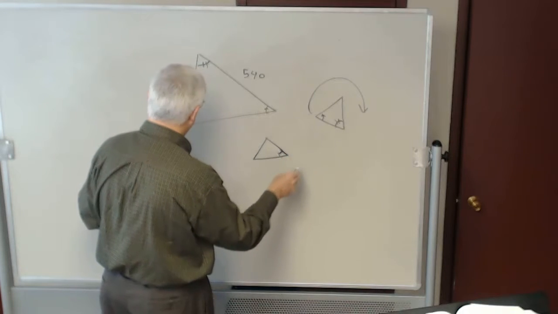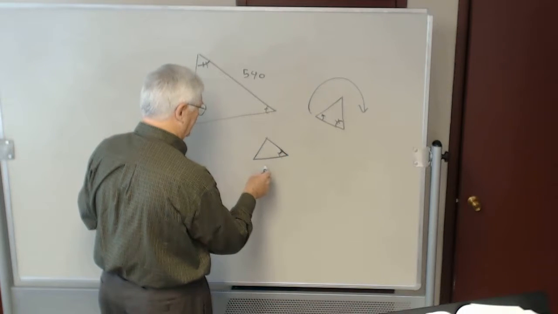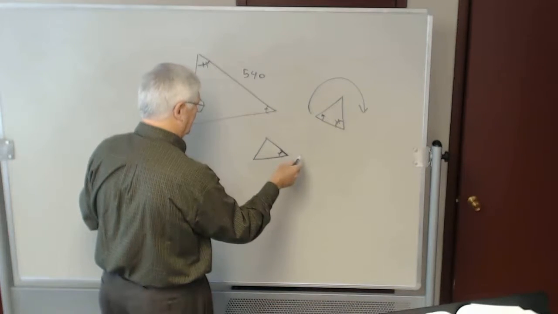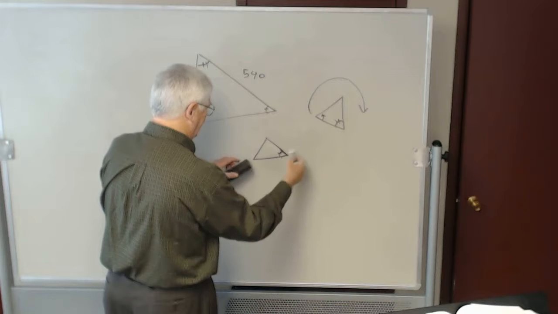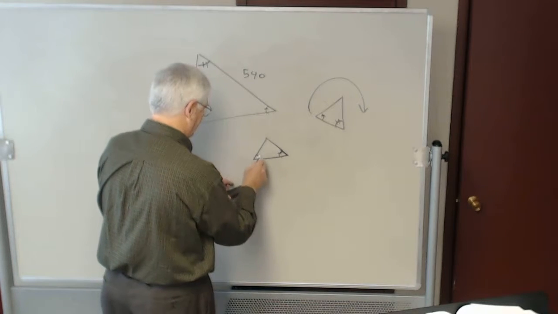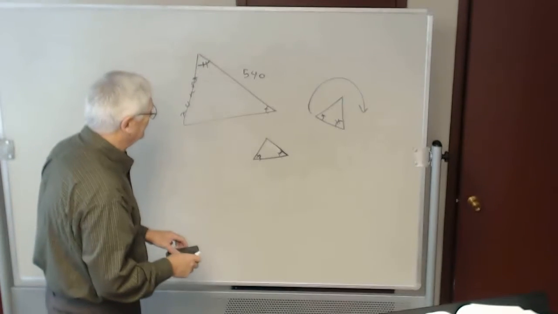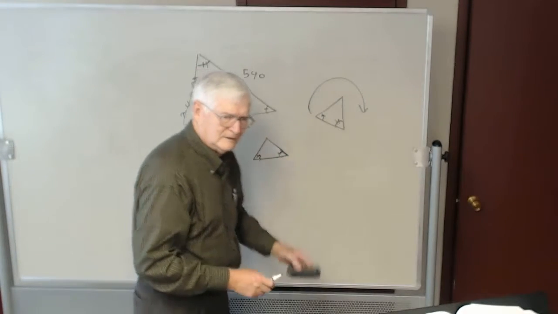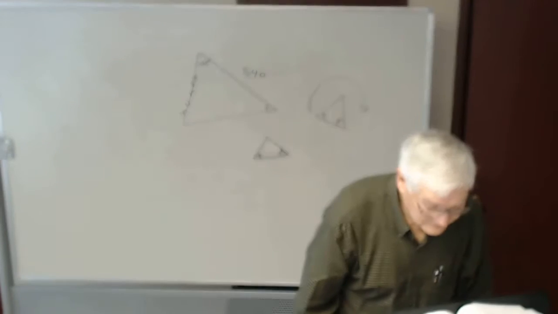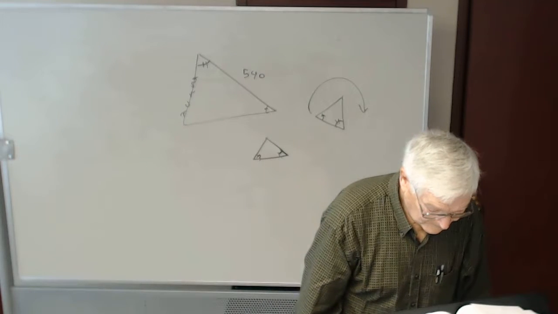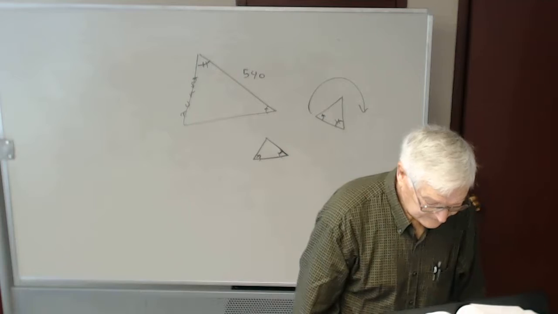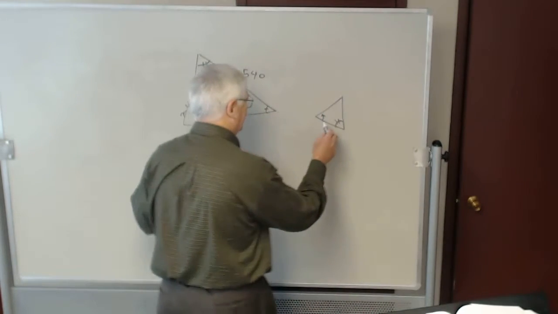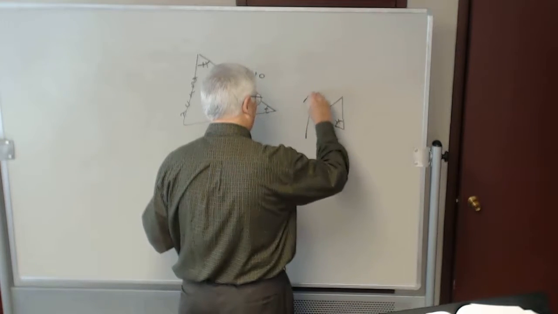If this angle's over here, that angle's down there, isn't it? That's not what I want, is it? Am I gonna have to flip this thing over to make a match? Yes. So rotating it's not gonna work. I'm gonna have to flip it.